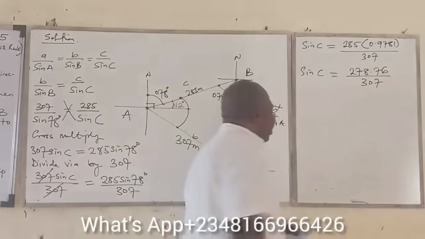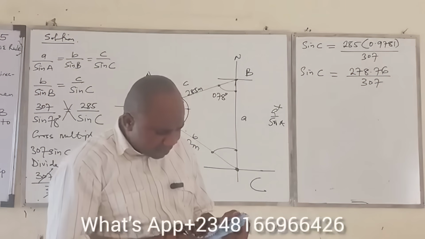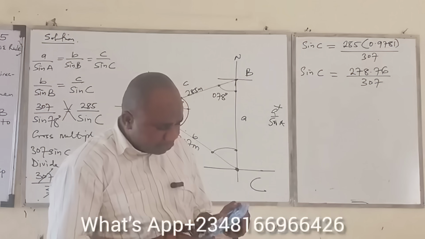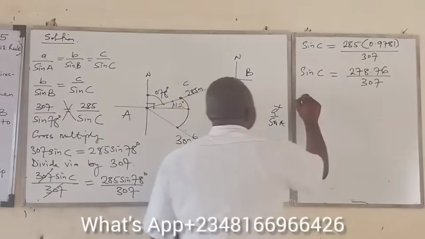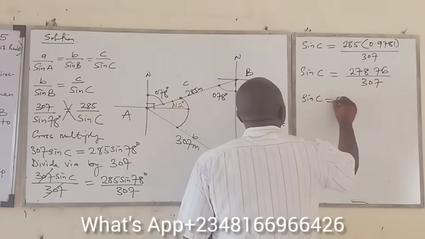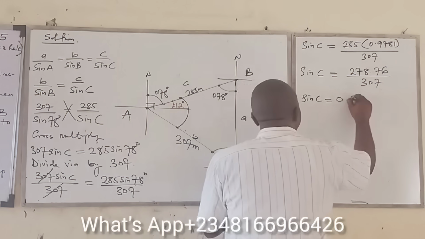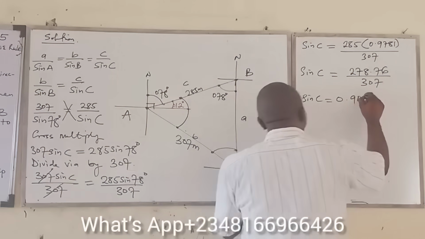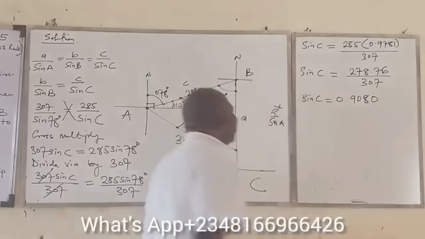When you divide it by 307, sine C will be equal to 0.9080. That's the value of sine C.